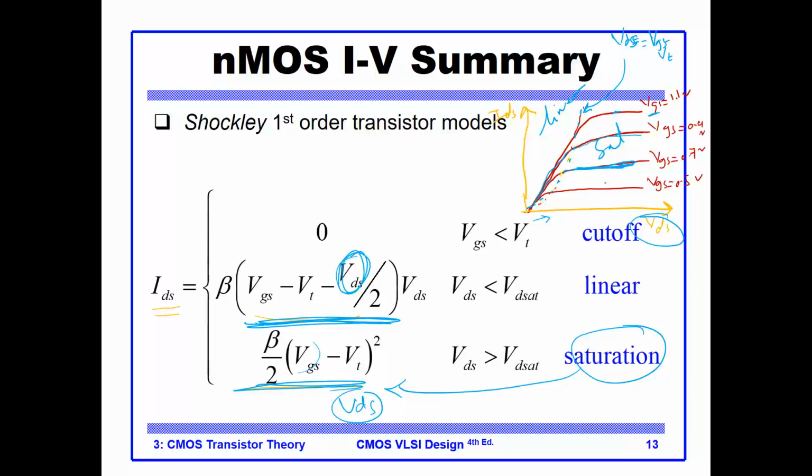So these are the equations. At the off state, current is 0. In the linear region, it is beta times VGS minus VT minus VDS over 2, multiplied by VDS, and then in saturation it is beta over 2 times VGS minus VT square.